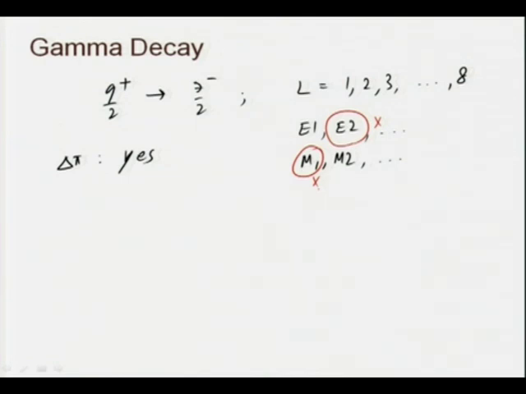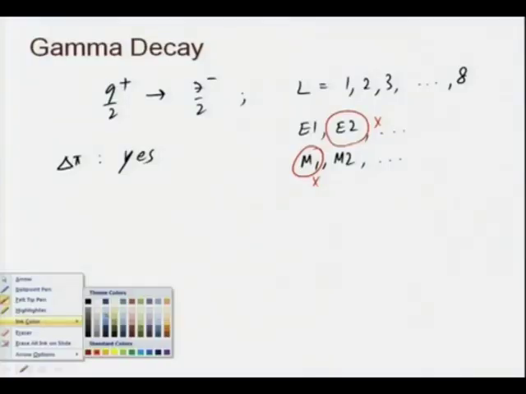And now, if you compare E1 and M2, as we said, electric type of transition is more likely compared to magnetic type, and again higher order pole is less likely, that is the quadrupole transition is less likely compared to the dipole transition.